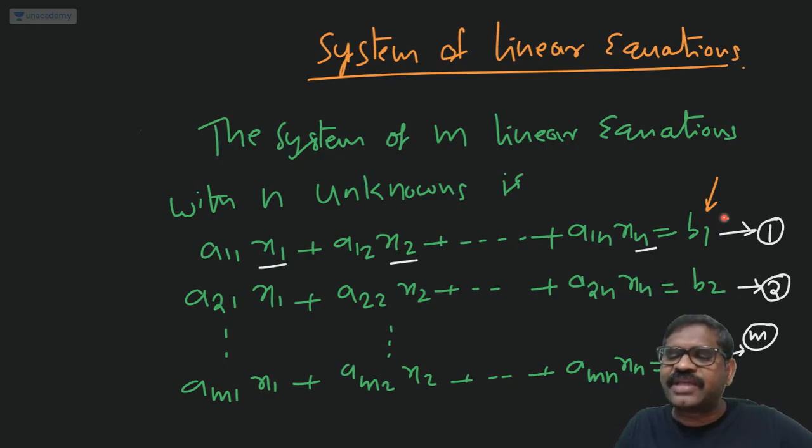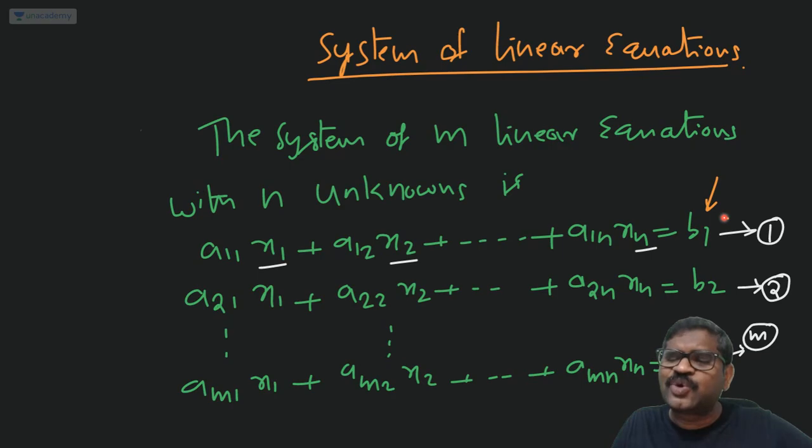Nullity means free variables. That story only we are talking about now. Observe: number of columns equal to number of variables.